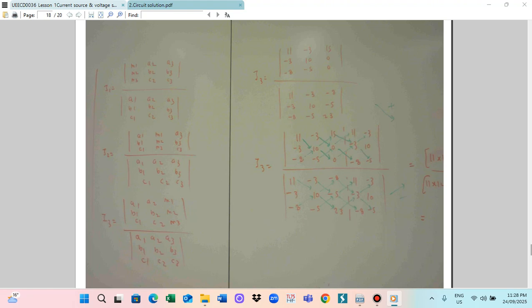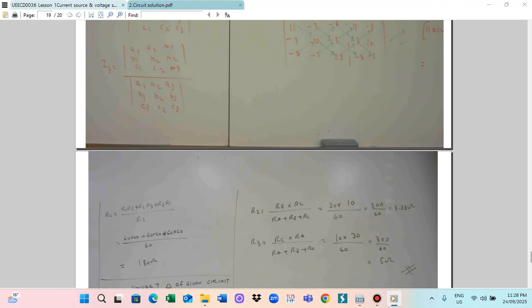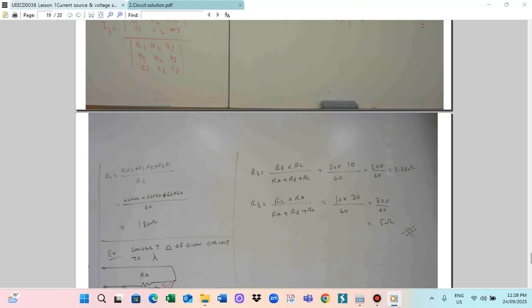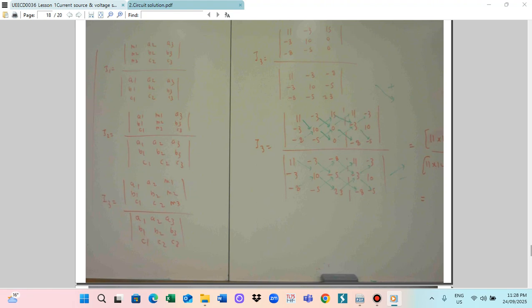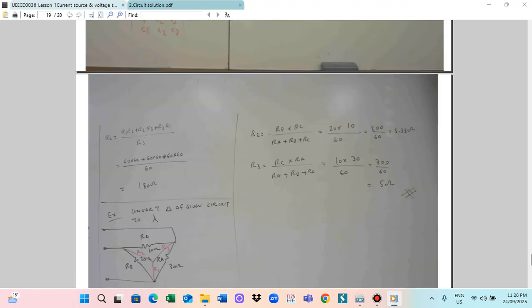Then we solve this for the current, and we get 1/22 ampere.